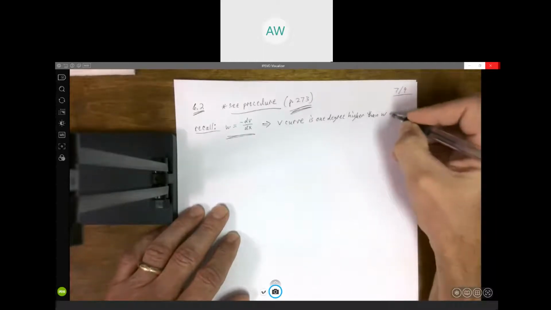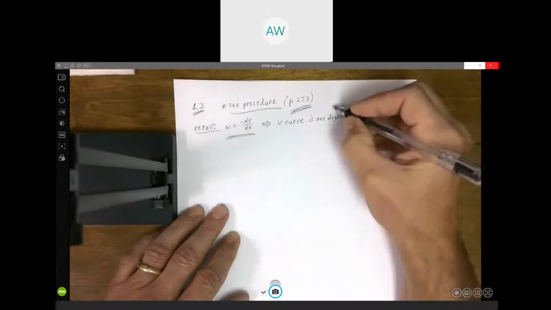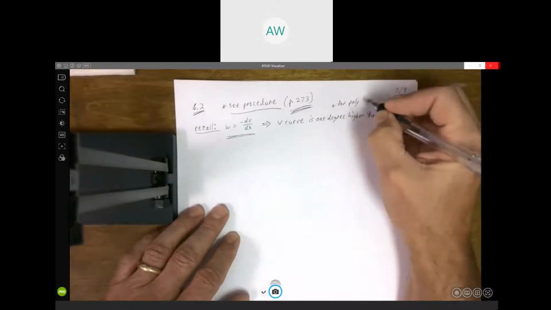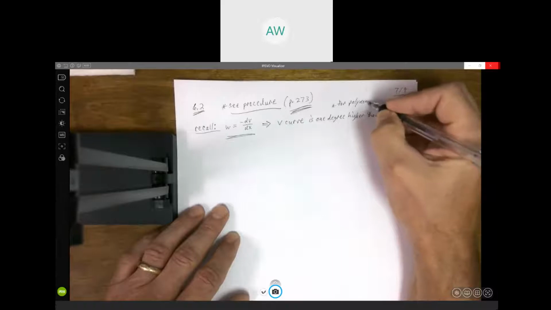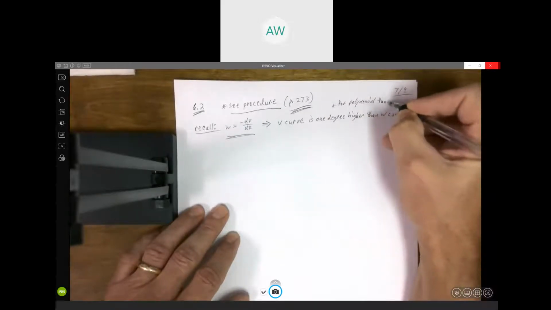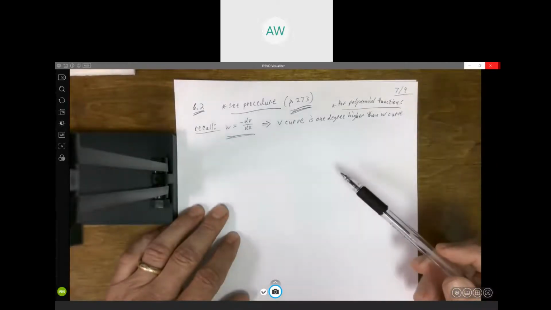than the distributed load. Again, we're just looking at polynomial functions, and that's typically what we're going to see. We're not going to see any weird, strange functions defining our distributed load.